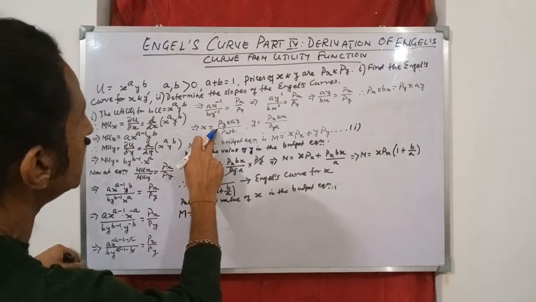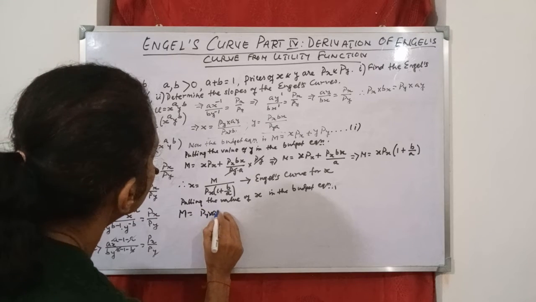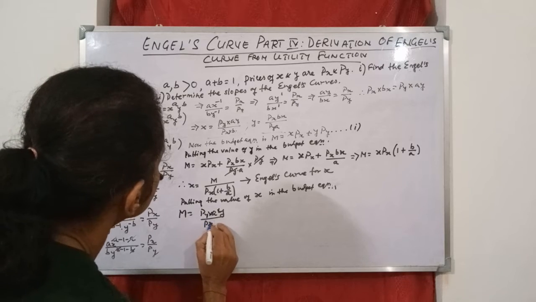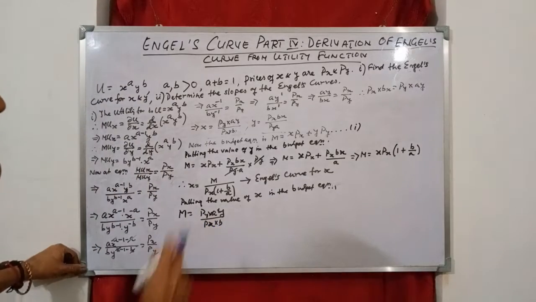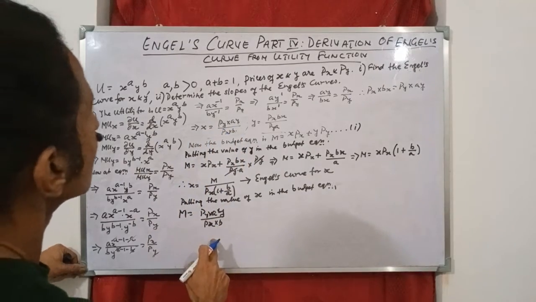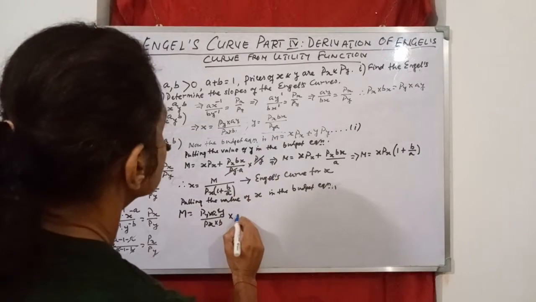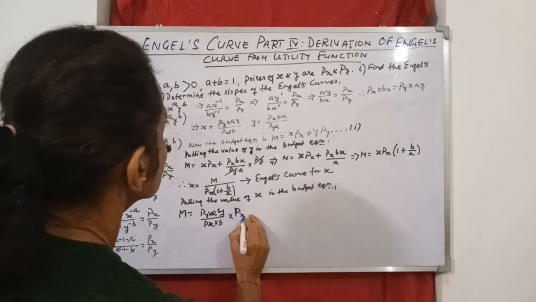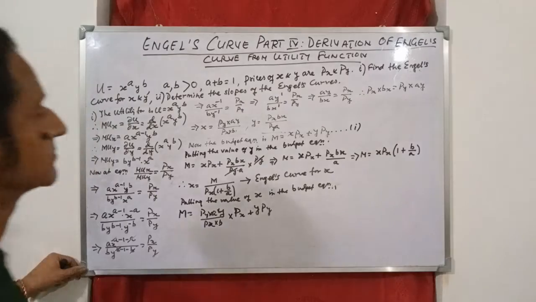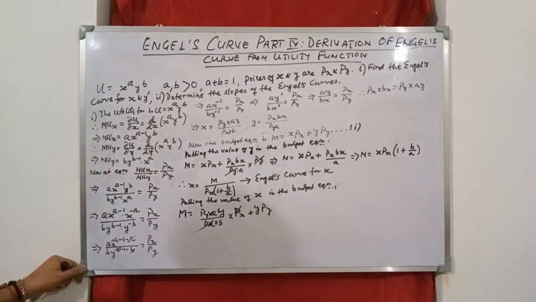What is x? Py into ay divided by px into b, into px plus ypy. Px in numerator and denominator, so px goes away.